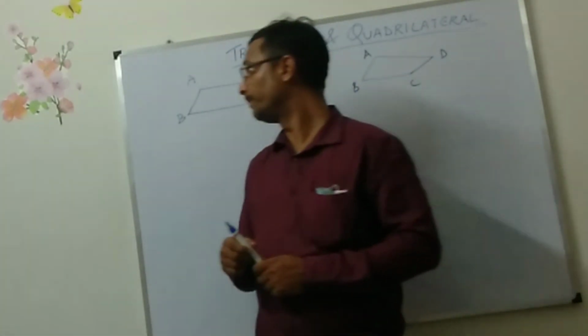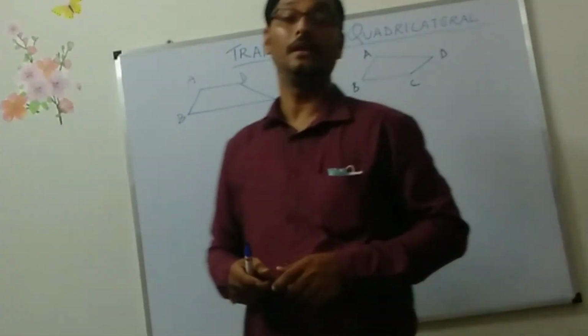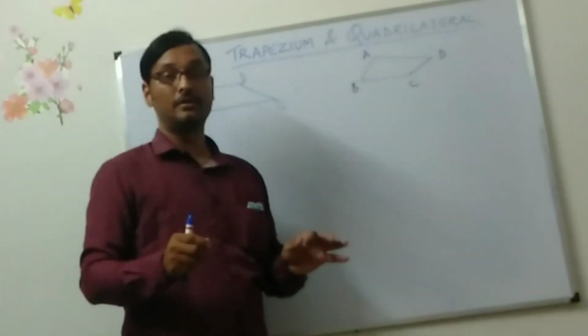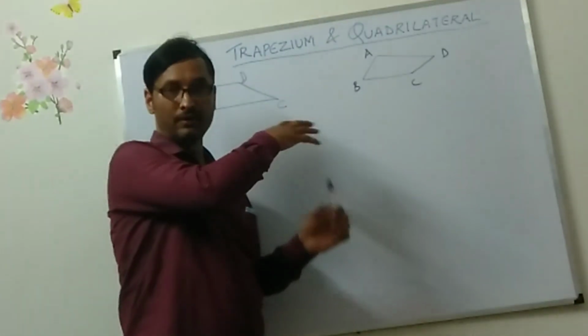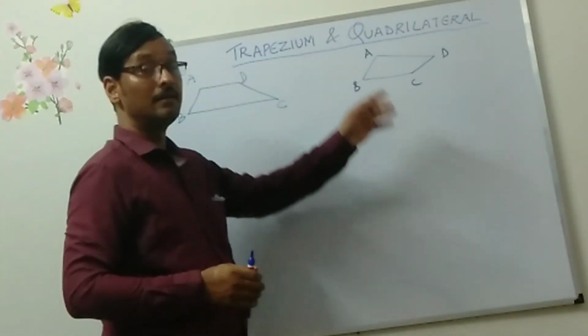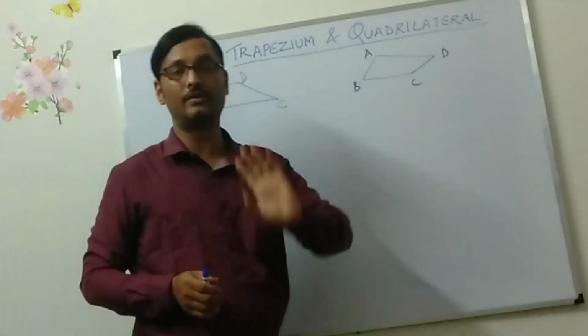In this video, I am making you understand about trapezium. If any of the figure does not match with these 5 or 6 names which I said to you, then that figure I will be naming as quadrilateral.